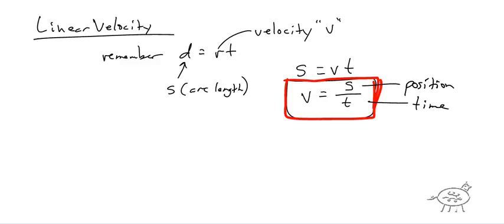The next one is going to be angular velocity. Angular velocity, as I talked about before, is how many rotations you have per minute or per hour or per second. We're going to use a nice little fancy letter here. This is called omega.